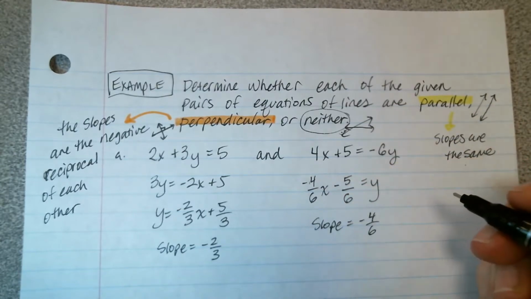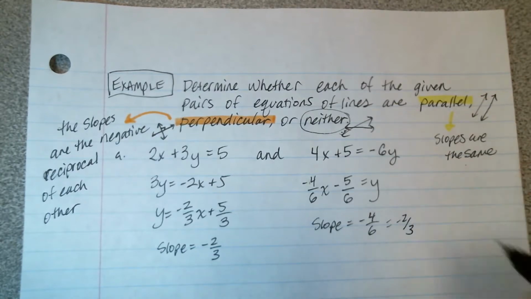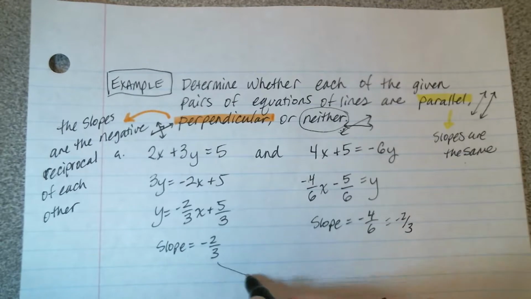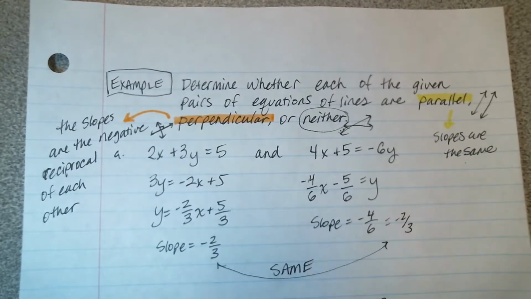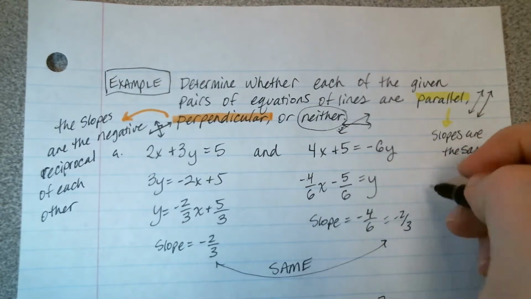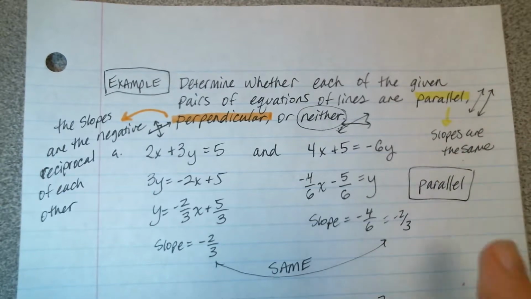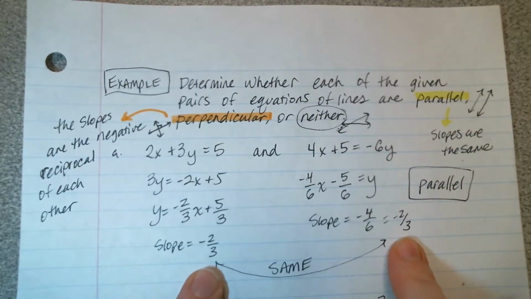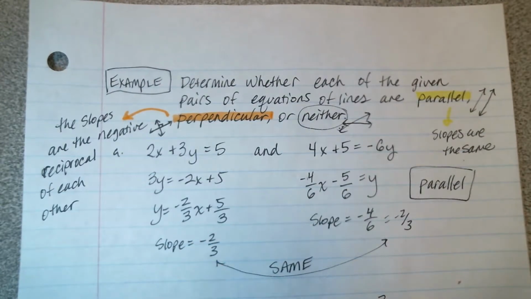It's the coefficient on x. This fraction can be reduced as -2/3. And hey, look, they are the same, which means these two lines are parallel. Okay. Both slopes are negative, both slopes are 2/3. They exactly match, so these two lines are parallel.